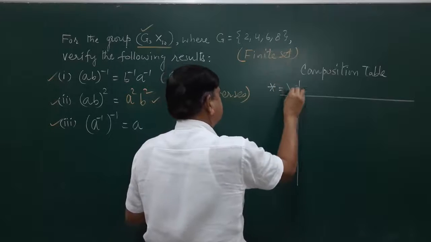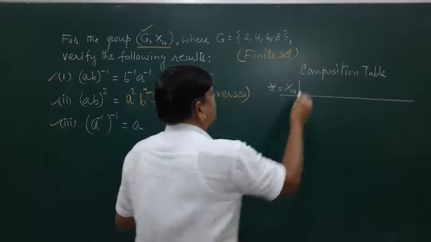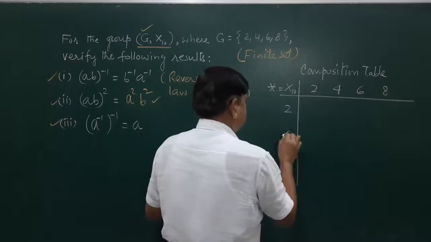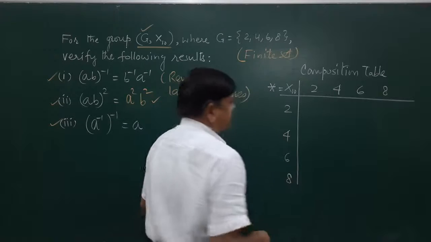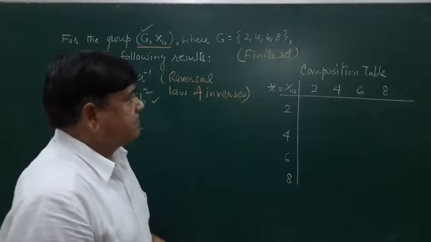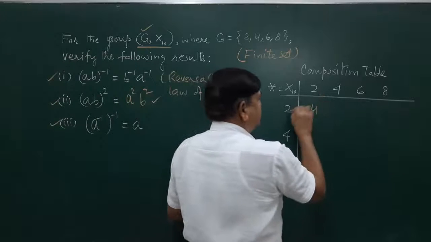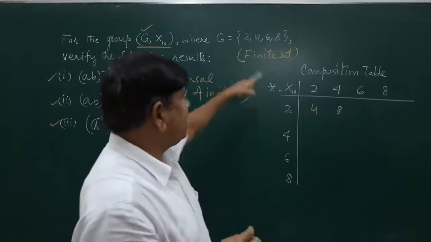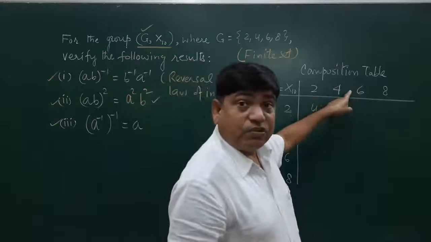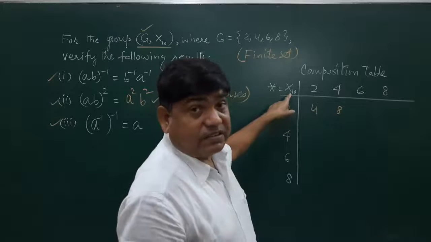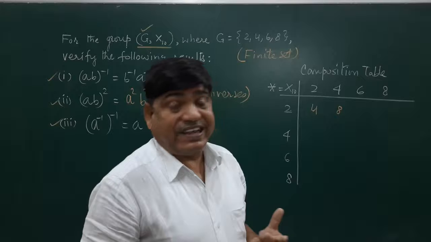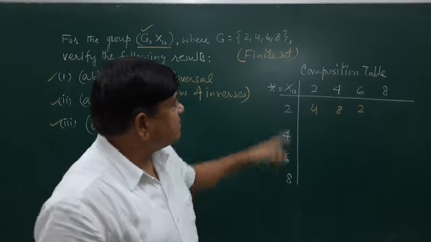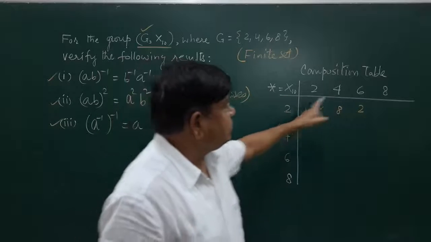Binary operation, this is multiplication modulo 10: 2, 4, 6, 8. 2 into 4, 8. 2 into 6, 12, ध्यान रखना है. 12 is greater than 10, so we divide 12 by 10, then the remainder is 2. 12 में 10 का भाग देना और शेषफल लिखना है.